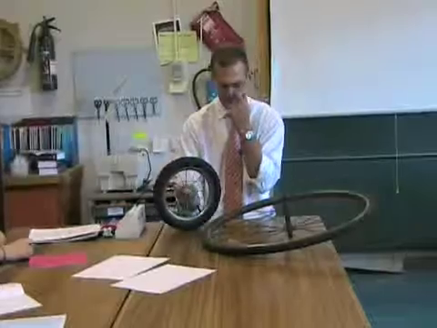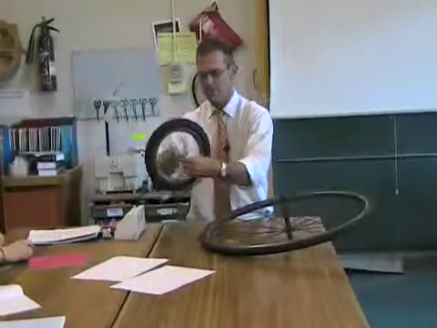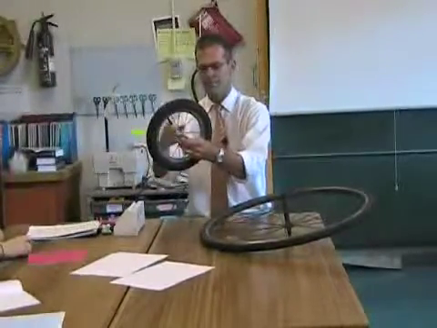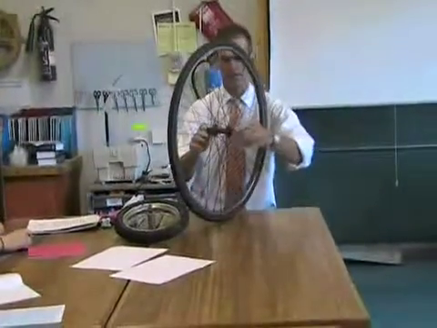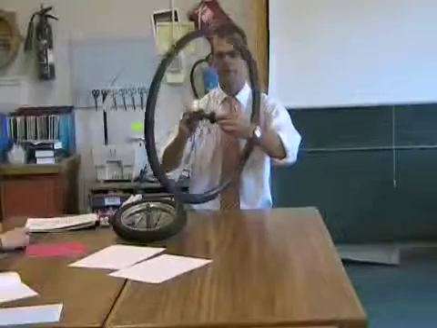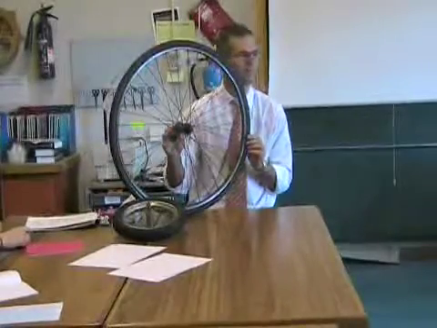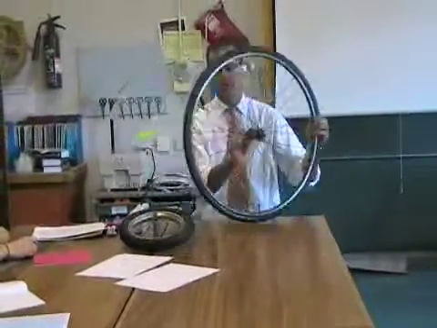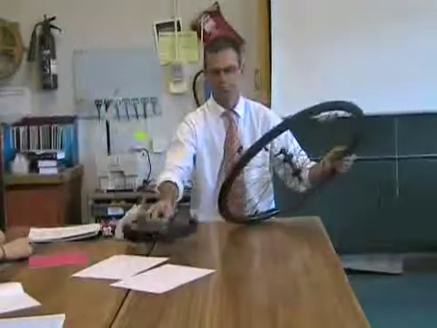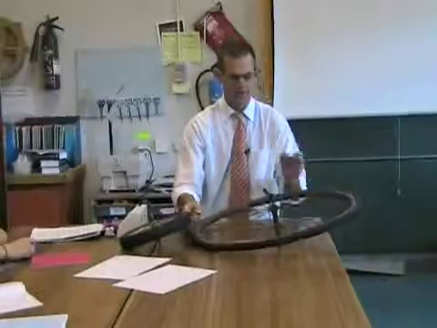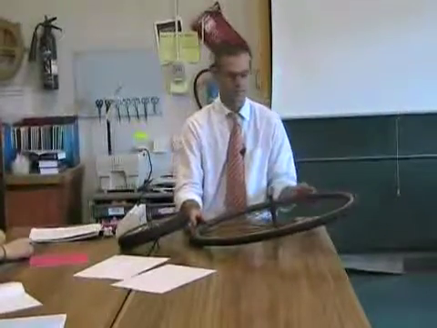If this went through 3 radians of angle, what would the distance covered by that wheel be compared to this one? This is going to cover a lot more distance in the same angle, because it's got a bigger radius. Distance is equal to r times theta.